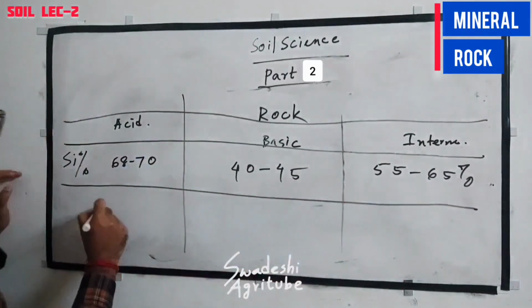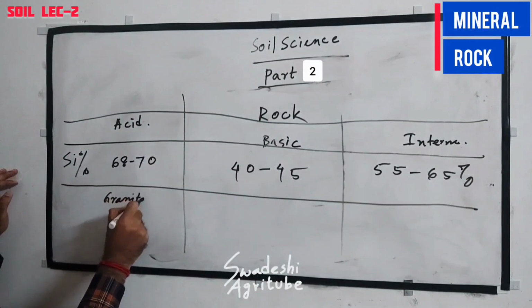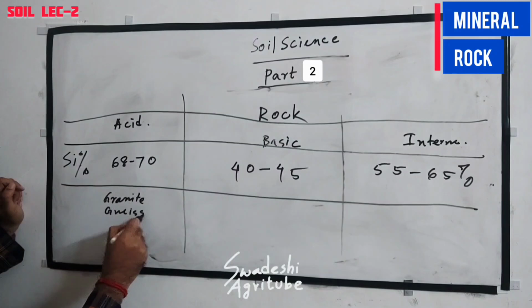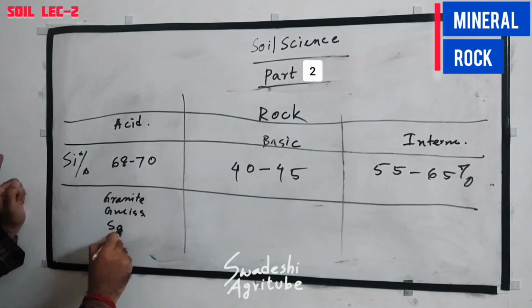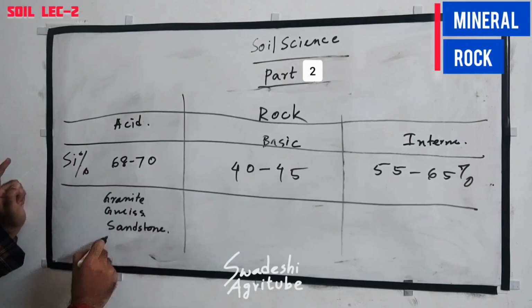Now let us look at examples of acid rock: granite, which we have mentioned, and gneiss, the metamorphic rock of granite, is also an acid rock, and the third is sandstone and rhyolite. These are the important examples of acid rock.